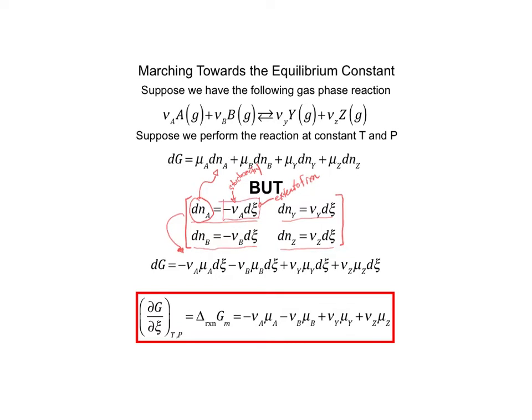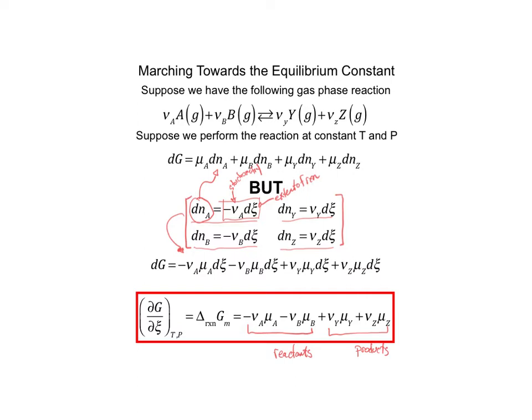And we get this sort of extent of the reaction. And with some rearrangement, we can get that the delta G of reaction is equal to, these are products and these are reactants. And so we basically get the stoichiometry times the chemical potential of the sum of the products minus the sum of the reactants.